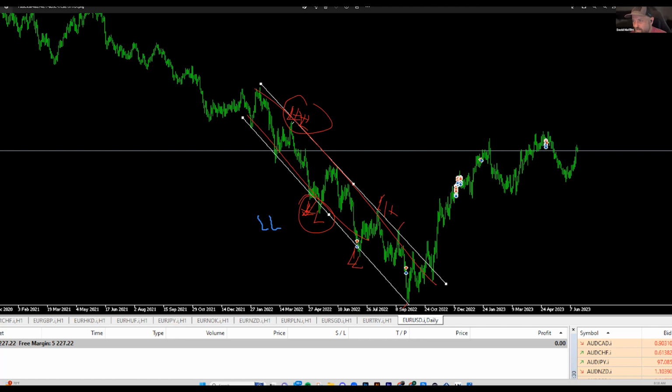If it's going to come up in the channel, then this price right here will not cross this area. This price right here will not cross this area. So it's going to come up and it won't cross this and it won't cross that. And that's how you know you're in a channel, right?